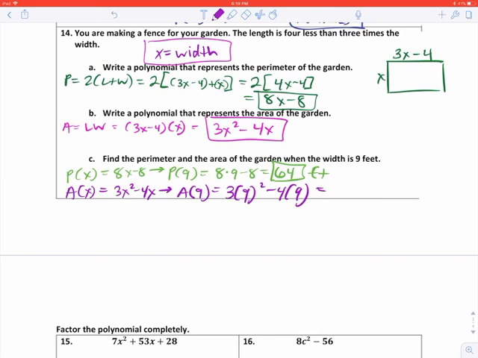Even though there are parentheses, there's nothing to do inside of them. So I go to exponents to get 3 times 81 minus 4 times 9. 3 times 81 is 243. 4 times 9 is 36. And then let me simplify that up a bit. And look, I think it's 207 feet squared because it's our area.